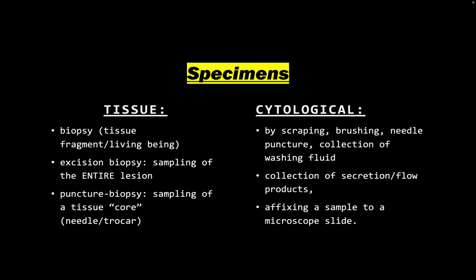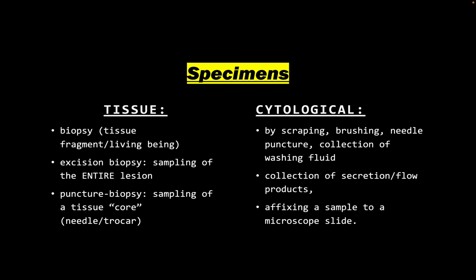Specimens. We have two types of specimens: tissue specimens and cytological specimens. For a tissue specimen, we usually use a biopsy, a tissue fragment from a living being, or excision biopsy, sampling of the entire lesion, or puncture biopsy, sampling of a tissue core.